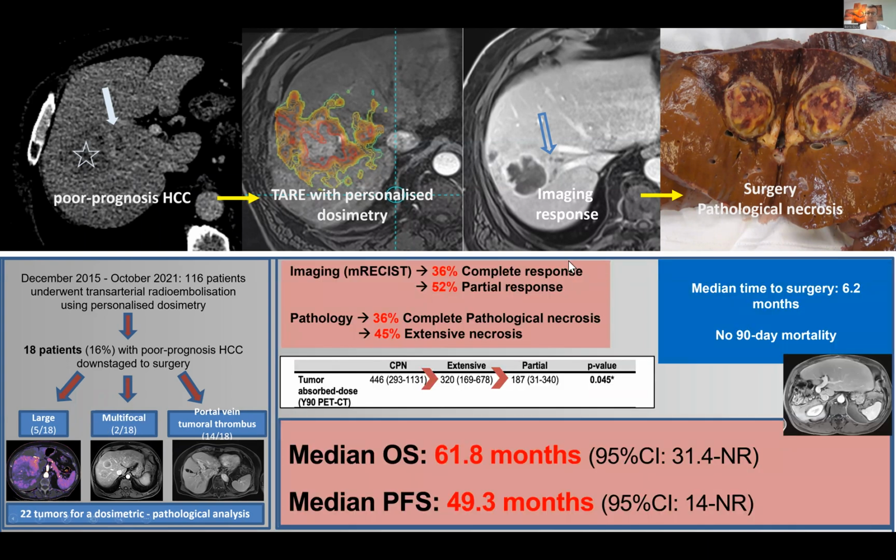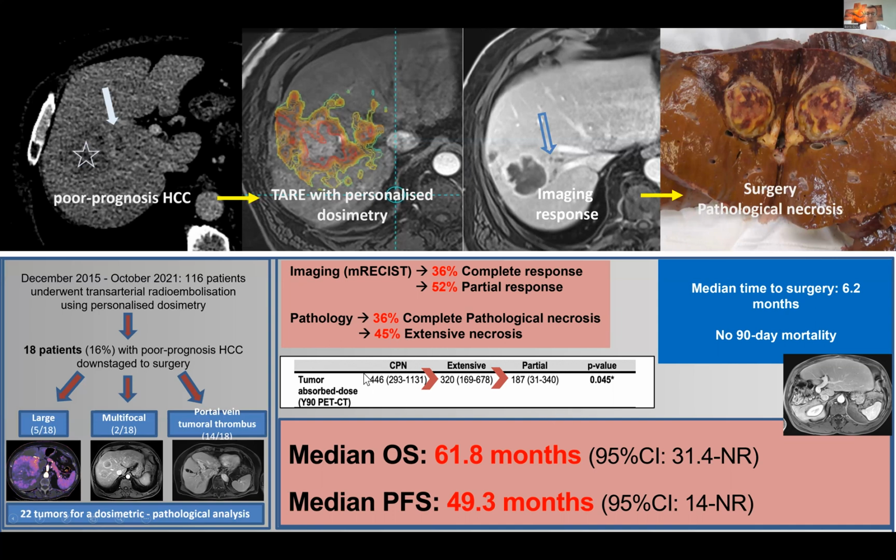If you look at the results, they were operated at a median time of 6 months after Y90, as explained before. We had no mortality from surgery. Interestingly, we could see 36% of complete pathological necrosis. So even in this poor prognosis tumor, Y90 alone was able to provide a kind of curative treatment.